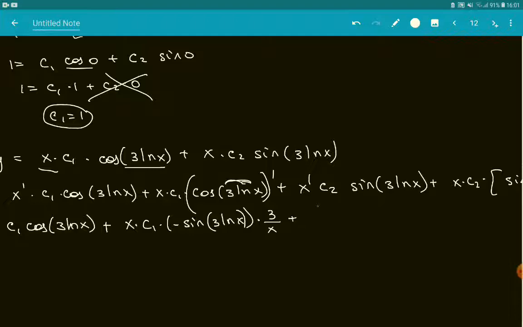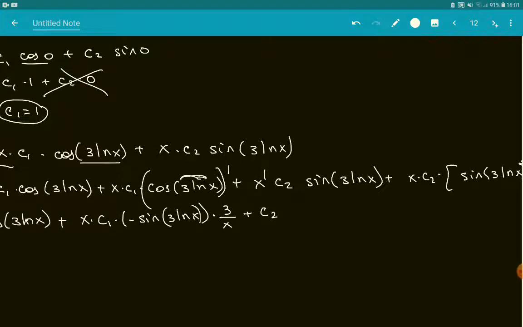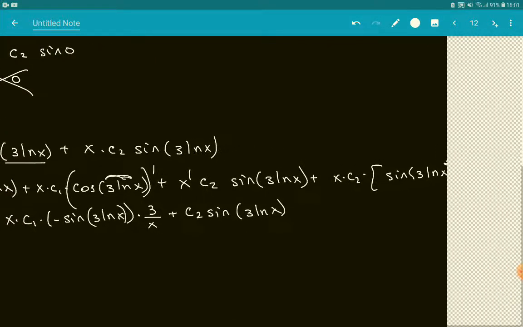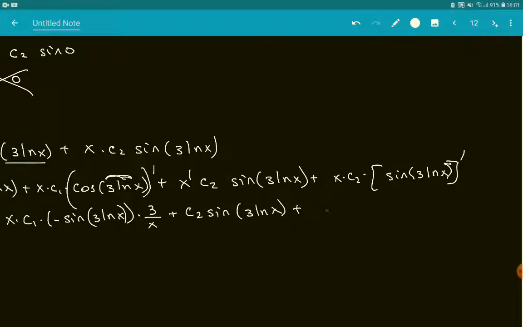Then we go to the second part, where the differentiative of x is just 1. I just write c2 sine 3 ln x plus x c2, again the differentiative of sine is cosine 3 ln x multiplied by 3 over x.